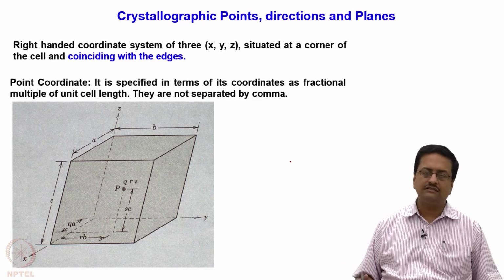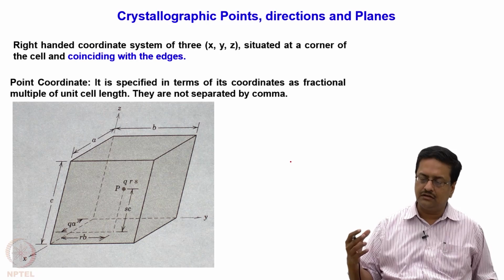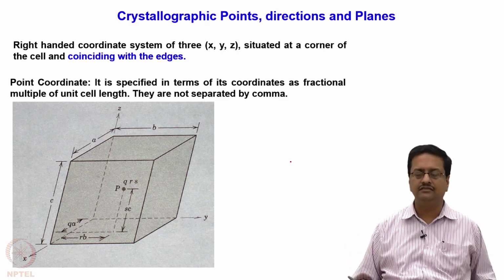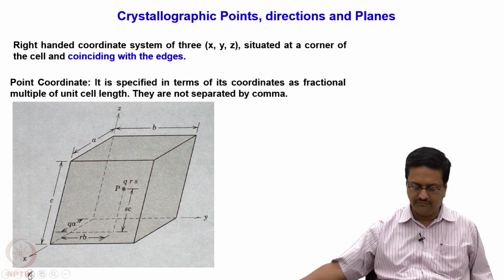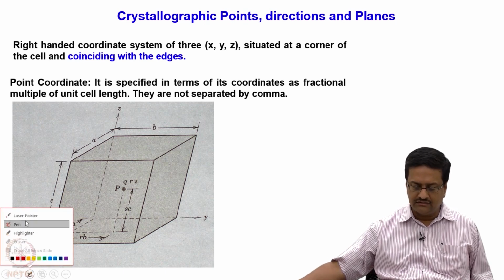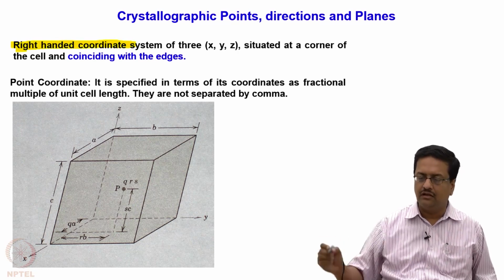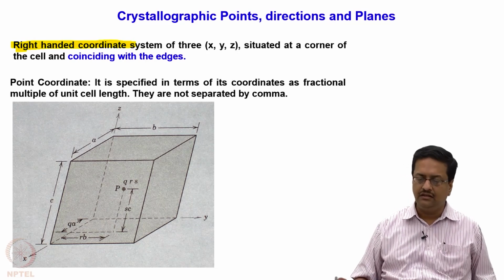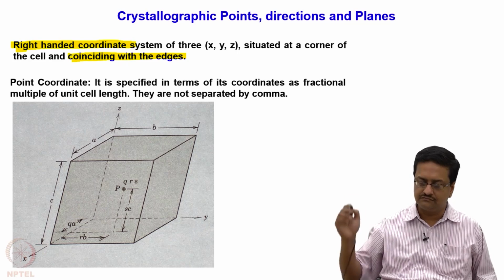So in this subject, in crystallography, while considering a lattice, we always use a right-handed coordinate system. As is indicated here, the right-handed coordinate system of three axes x, y, z, coinciding with the edges.